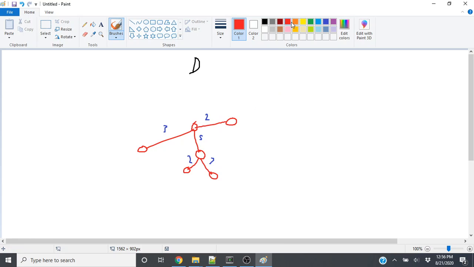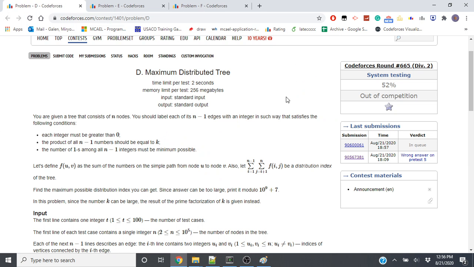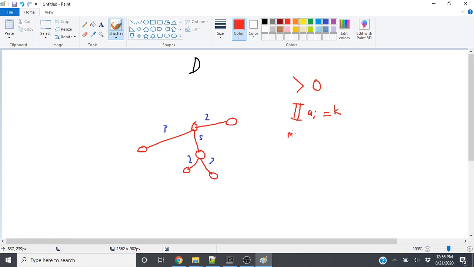First of all, everything must be greater than 0. The product of, this is a pi symbol, which is product, so the product of all a_i is equal to some number k. And the final condition is that you have to minimize the number of ones.